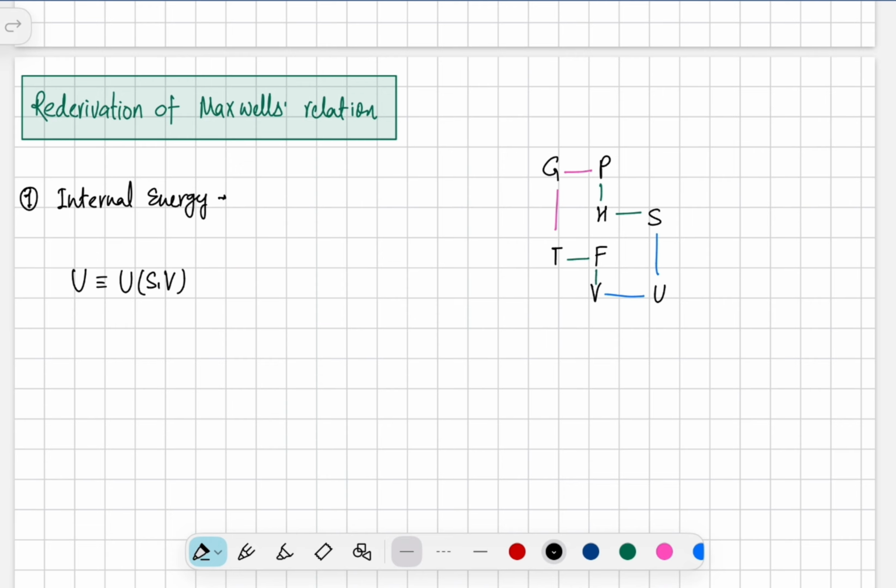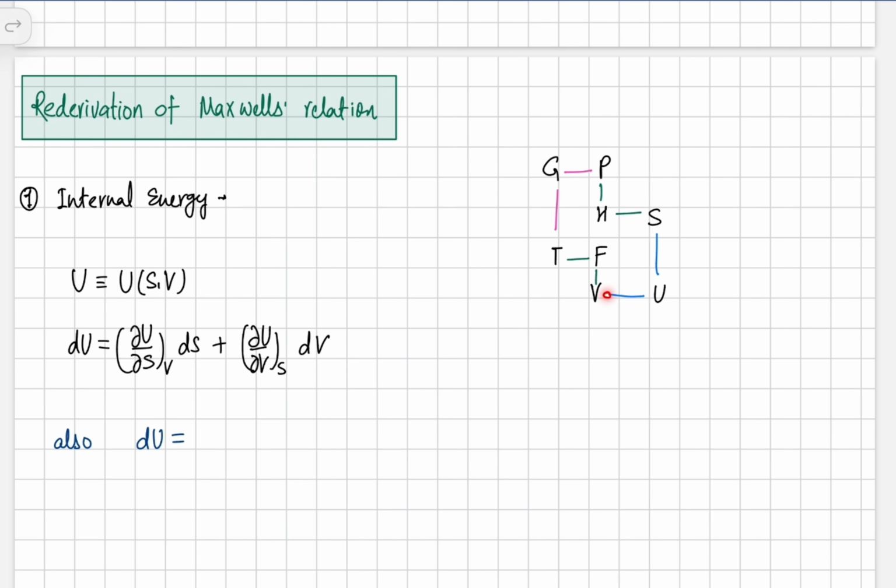So you can write dU equals del U by del S at constant volume into dS plus del U by del V at constant entropy into dV. Fine, you know this? Good. Also, with the help of mnemonics, what can you write? dU equals, it is connecting to the volume and entropy.